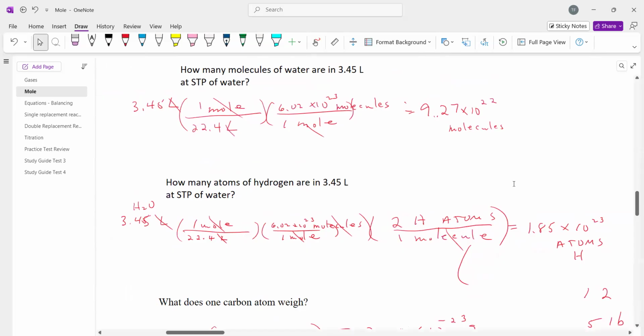So unless you do the 2-to-1 ratio, the answer you're gonna end up with is molecules of water, not atoms of hydrogen.